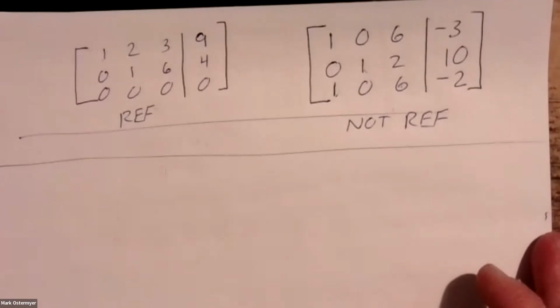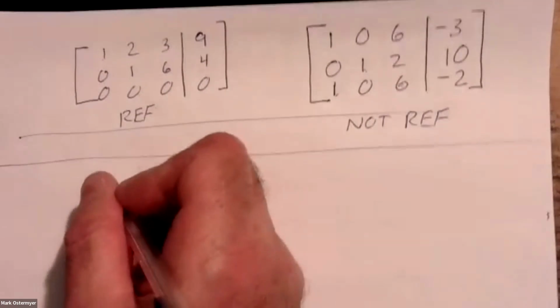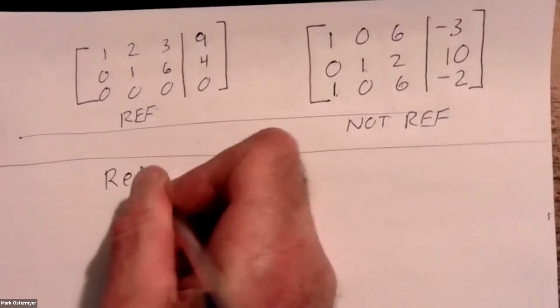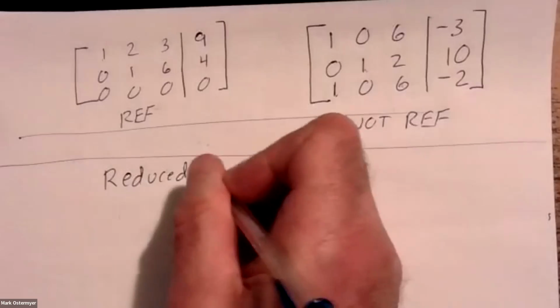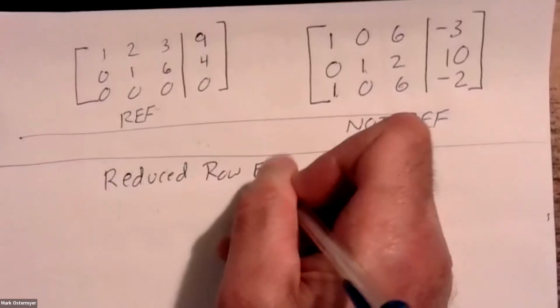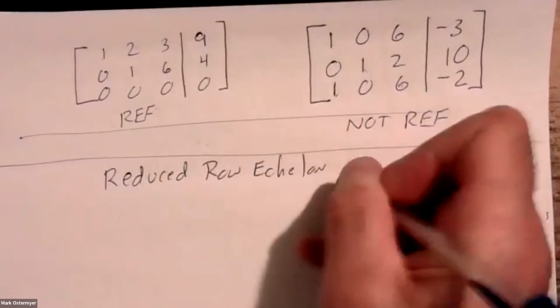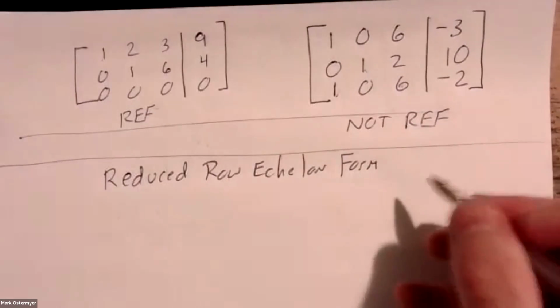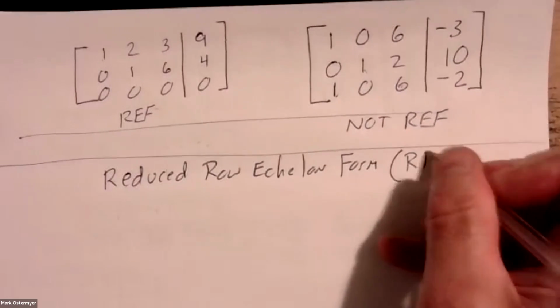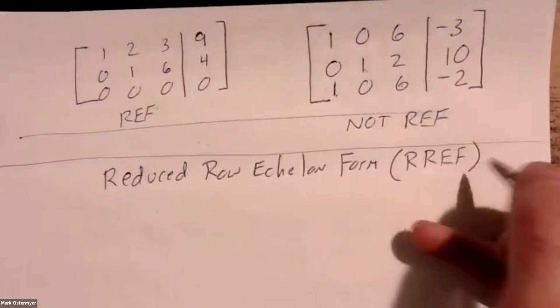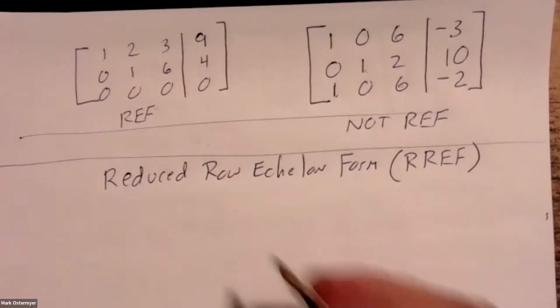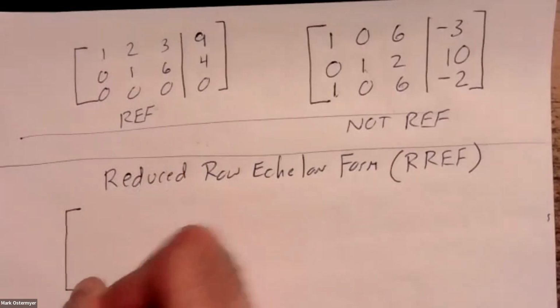There is, ladies and gentlemen, a more restrictive form for a matrix called reduced row echelon form. And as you would guess, it's nice to abbreviate this as RREF, reduced row echelon form. These matrices are in reduced row echelon form.